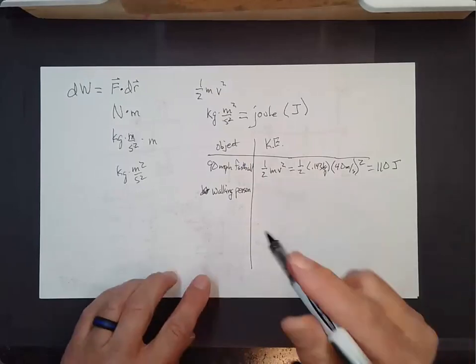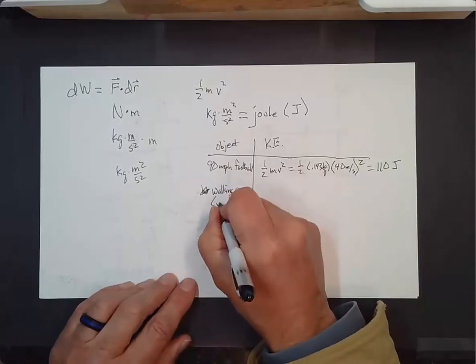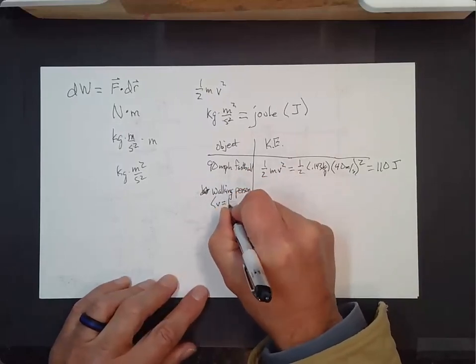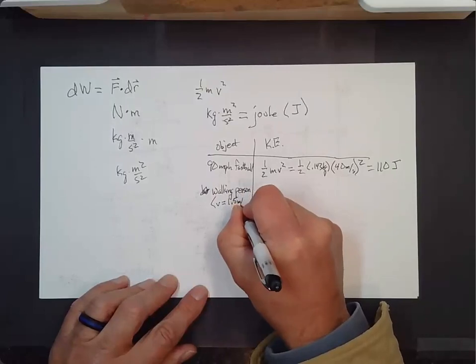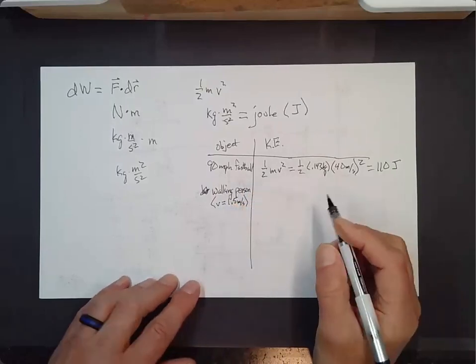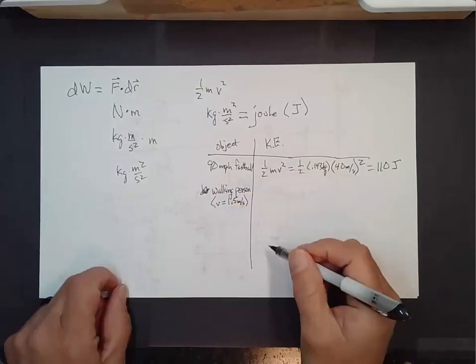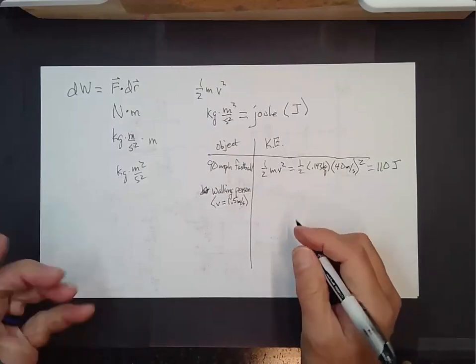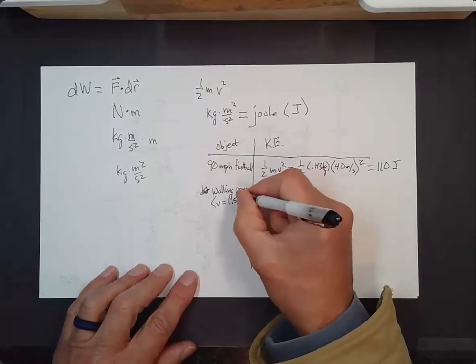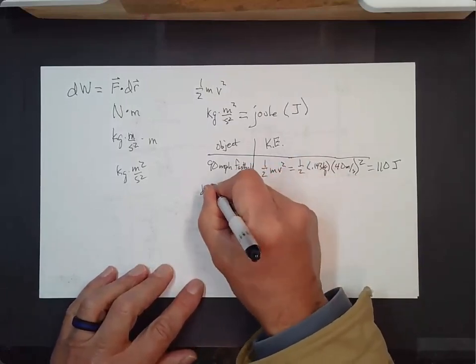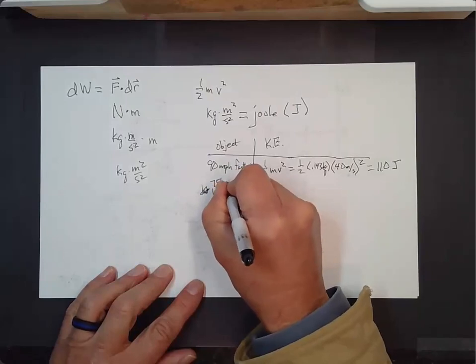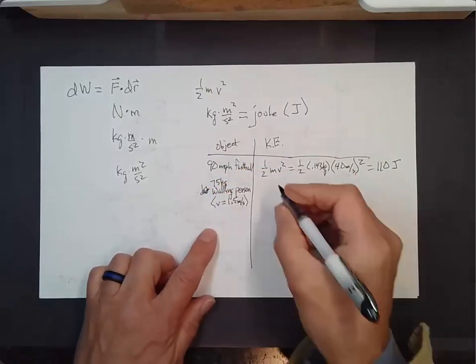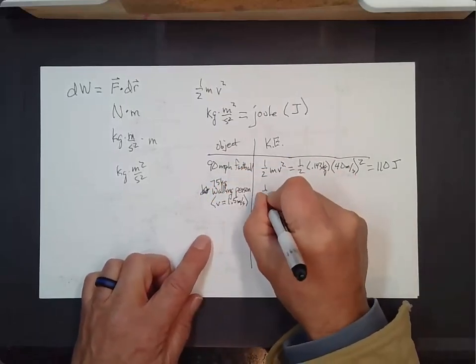Let's just say v is equal to 1.5 meters per second. Okay. What about the mass of the person? Let's just say 75 kilograms. What will be their kinetic energy?